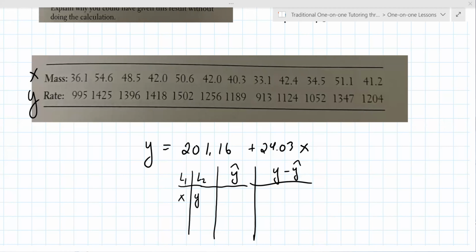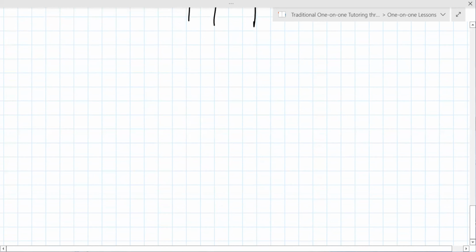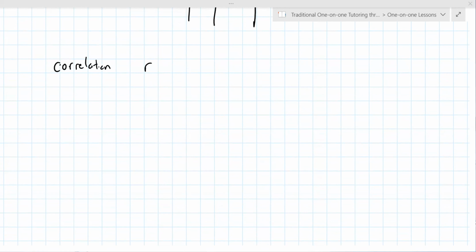For correlation, which was way before this. Yeah, I mean, correlation is your R value. Where's the formula for this?